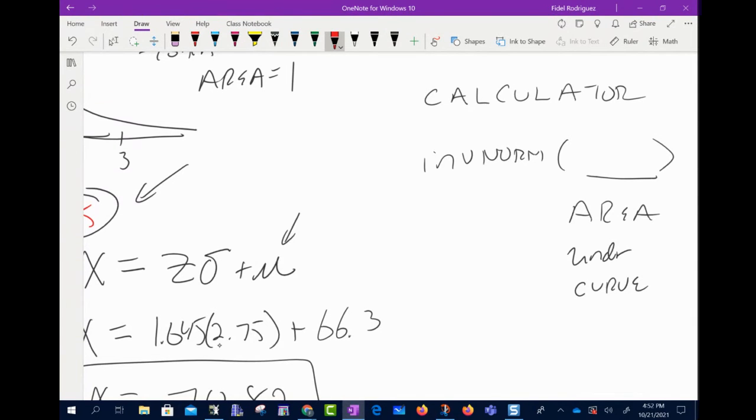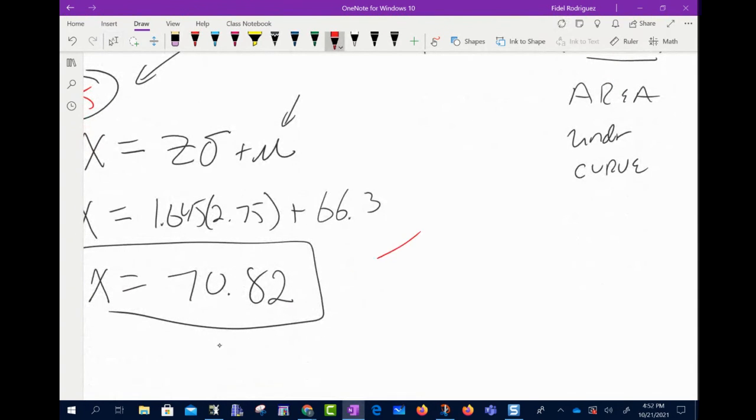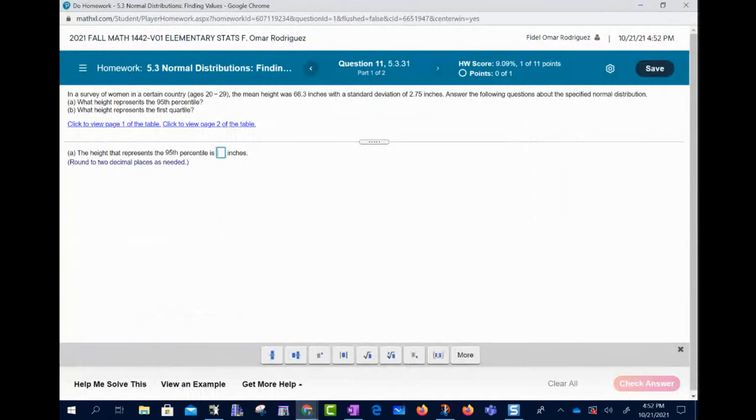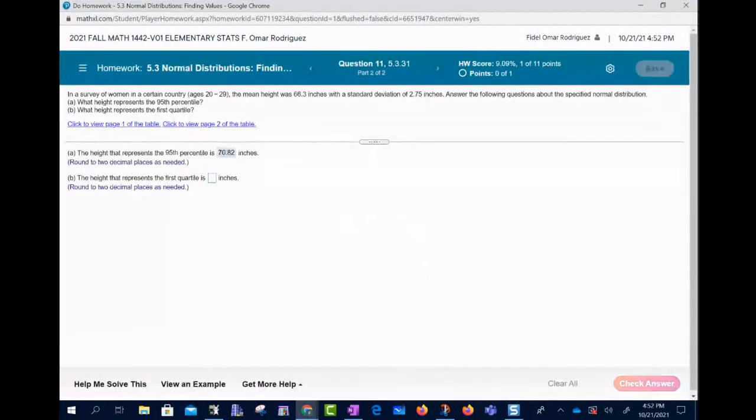Like in our case, we typed in 0.95. And again, the number we came up with was 70.82. So let me get rid of this, and right here I'm going to type in 70.82. We check it, and we got it.